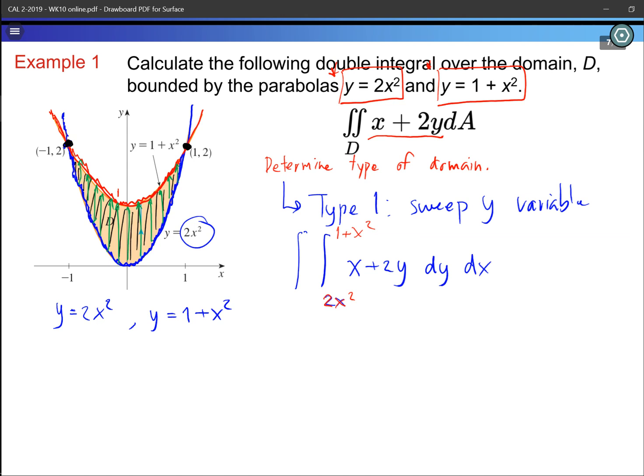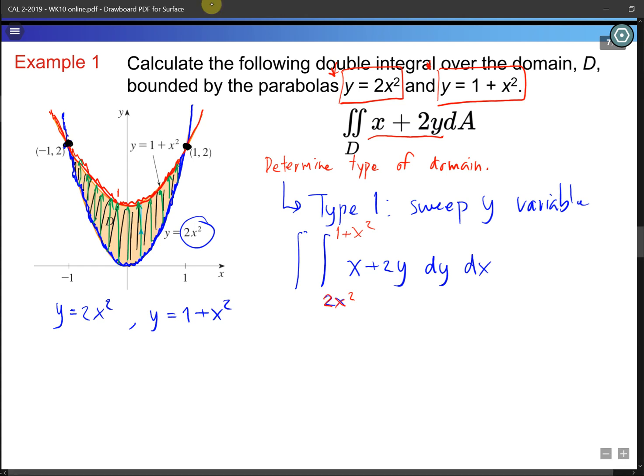That is the starting point right here and the end point right here. I know that the graph tells you that it's minus 1, 2 and 1, 2, but let's assume that we don't have this graph. We need to determine this by ourselves. So to determine the intersection between these two equations, we need to solve them together. So I'm going to substitute 2x squared into y. So here we have 2x squared equal to 1 plus x squared. Here we have x squared equal to 1, and we know that x equals minus 1 and 1.